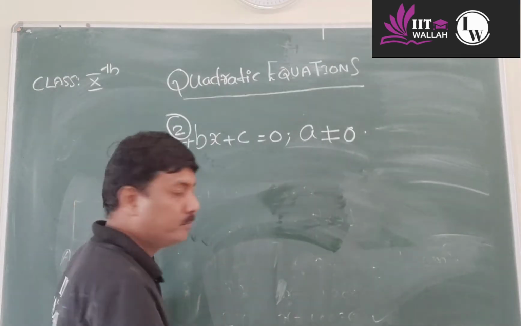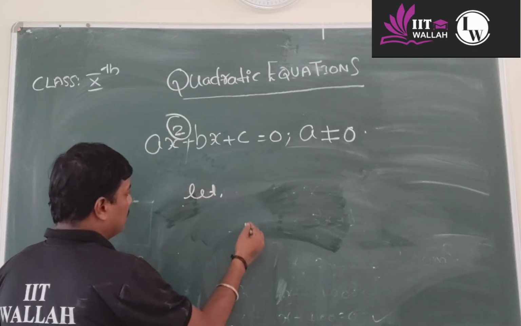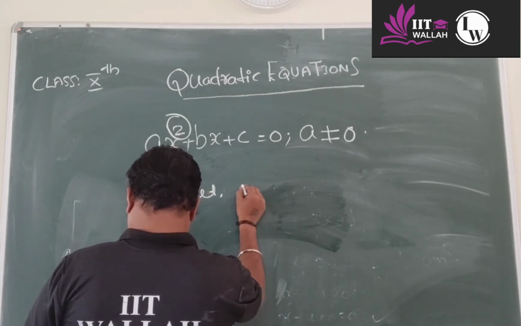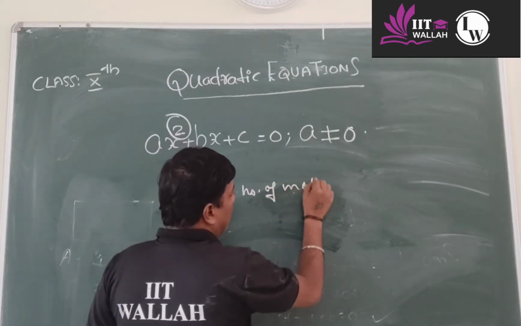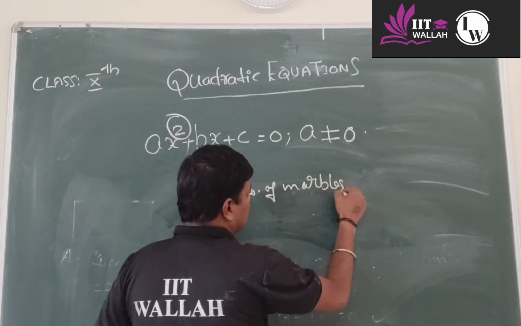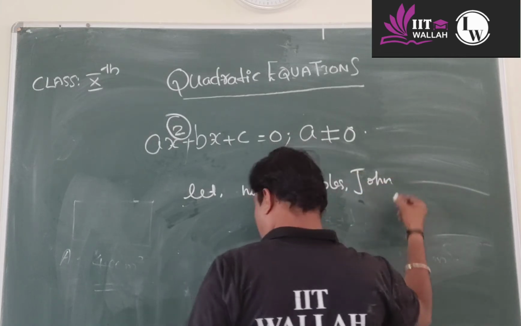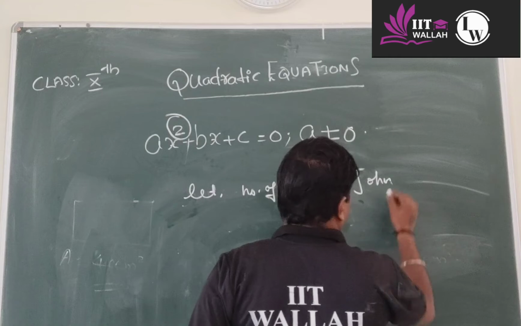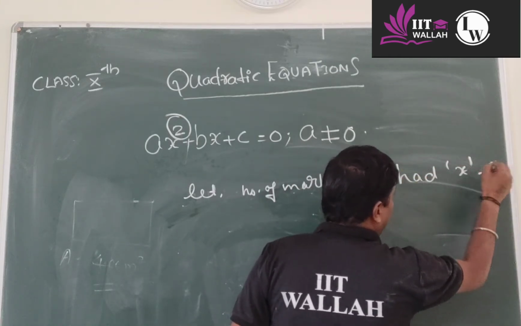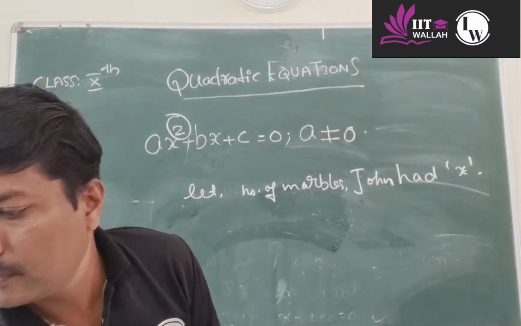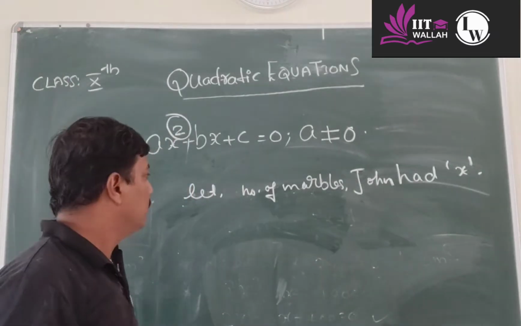So see here. First, let the number of marbles John had be x.